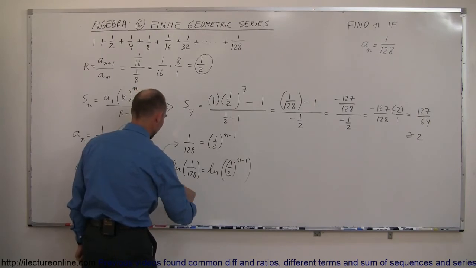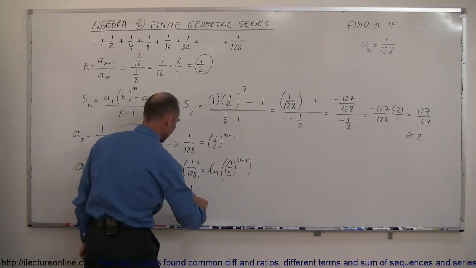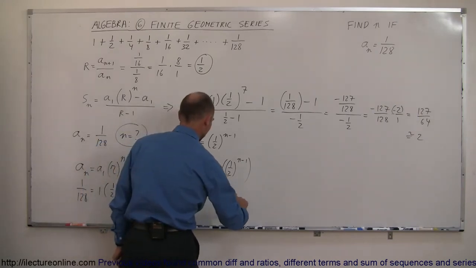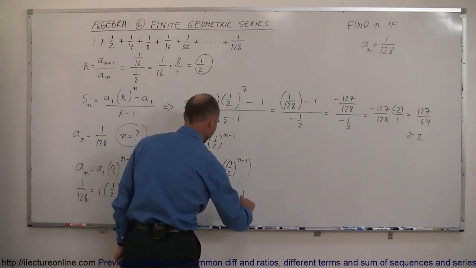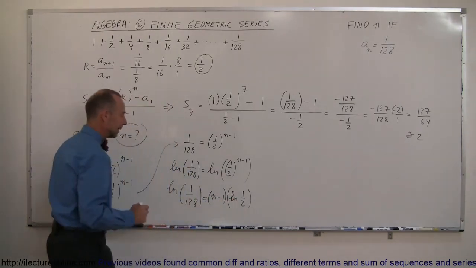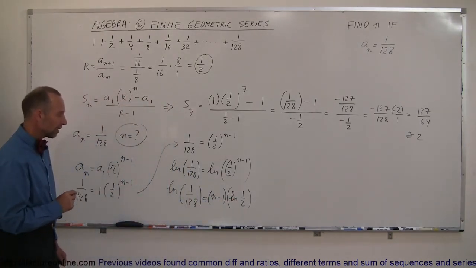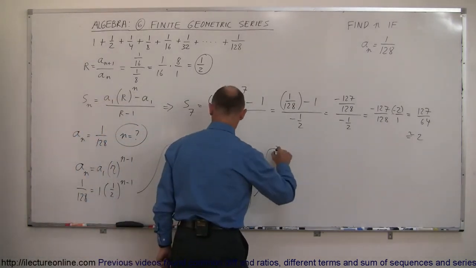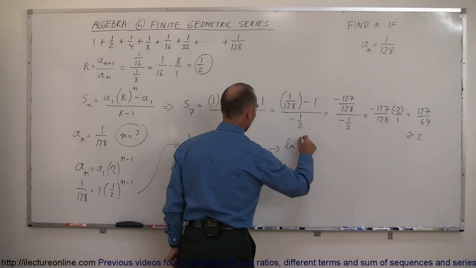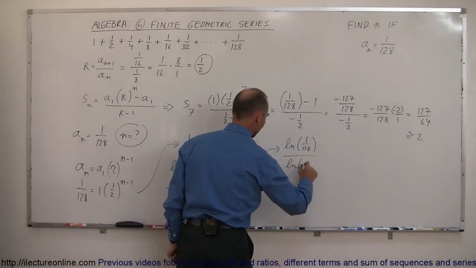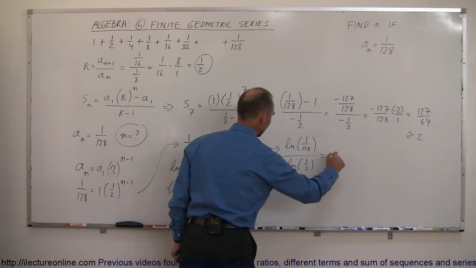So now we have the natural log of 1 over 128 is equal to n minus 1 times the natural log of 1/2. Then we can divide both sides by the natural log of 1/2 to isolate n minus 1. So the natural log of 1 over 128 divided by the natural log of 1/2 is equal to n minus 1.